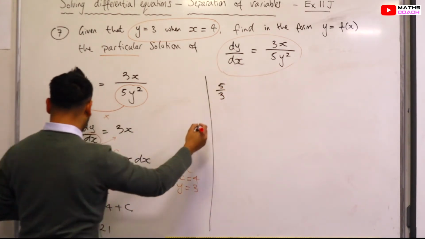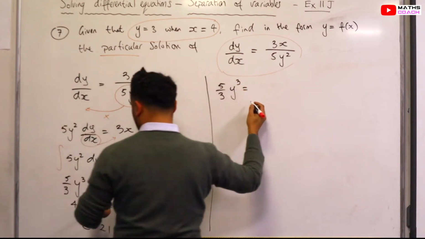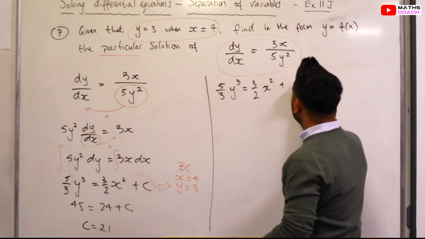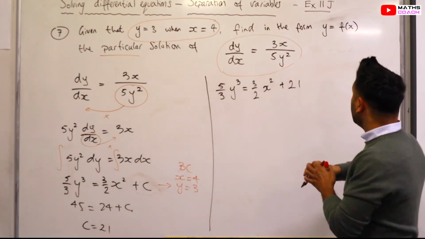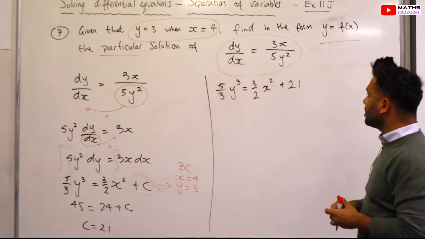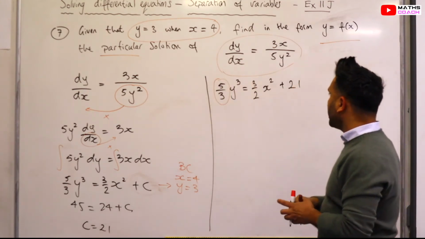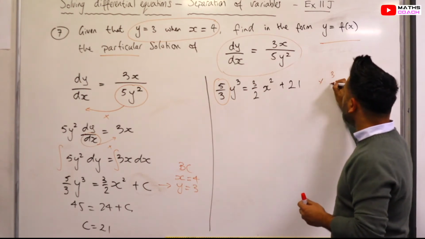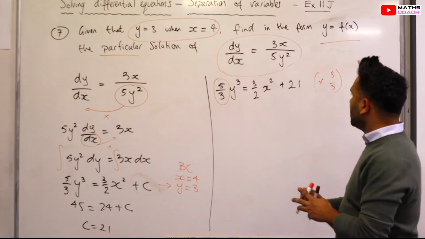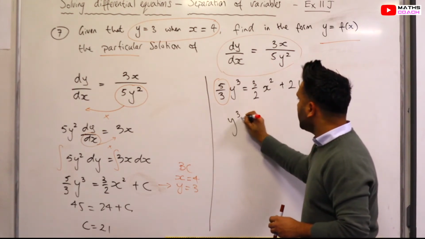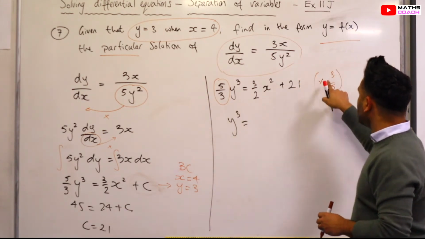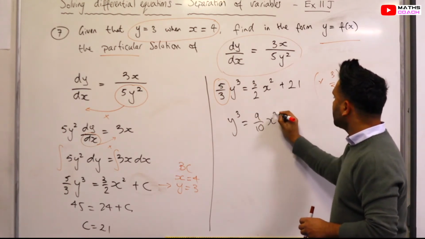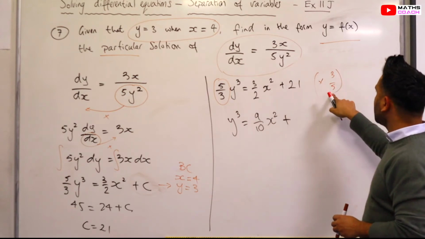5 over 3 y to the power 3 is equal to 3 over 2 x squared plus c, but our c is plus 21. Now we are asked to write y as a function of x, so we need to move that fraction across to the other side. We're going to multiply both sides by 3 over 5. So we have y to the power 3 equals, so 3 over 2 times 3 over 5 will give us 9 over 10 x squared, plus 21 times 3 over 5.